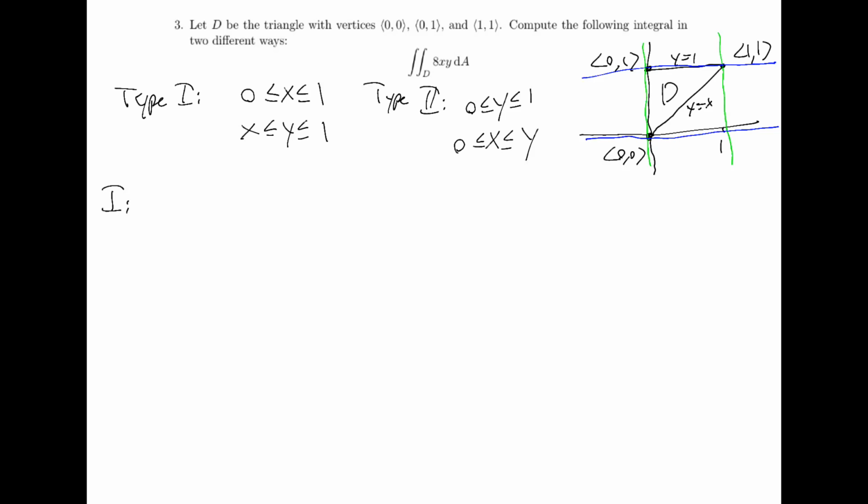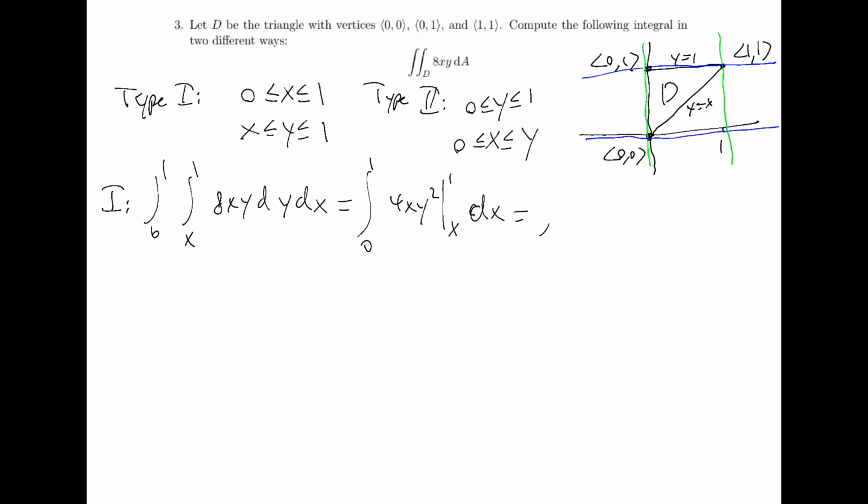So let's do type 1 first. So x from 0 to 1, y from x to 1, 8xy dy dx. Computing the inner integral first, leaving the outer integral, we have to integrate with respect to y, so we get 4xy squared, right? If I differentiate this with respect to y, I get 8xy. The boundaries are 1 and x, and I leave the dx.